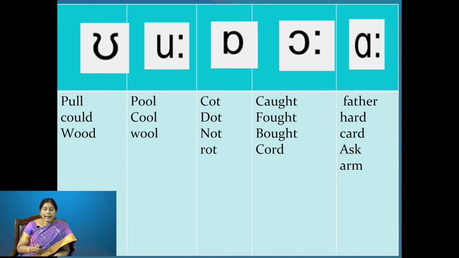And for the same you have a little longer one: caught, fought, bought. This is also a longer vowel. Then father, hard, card, asked, arm.